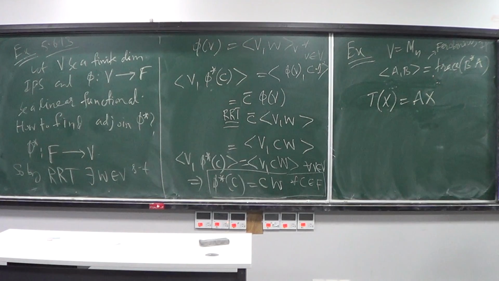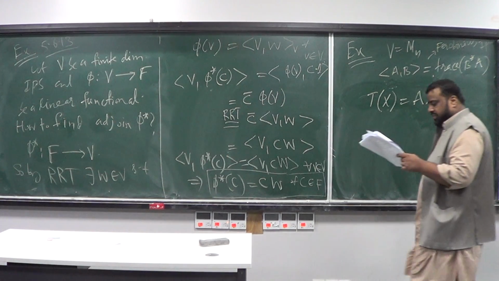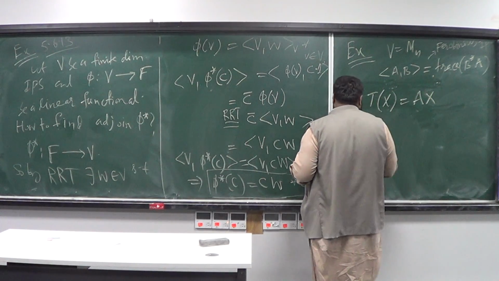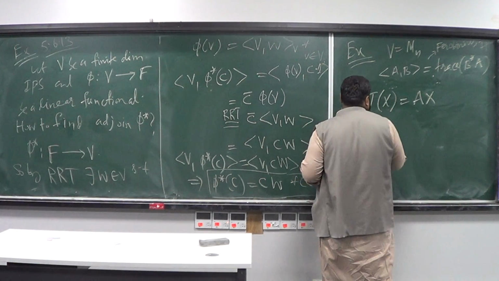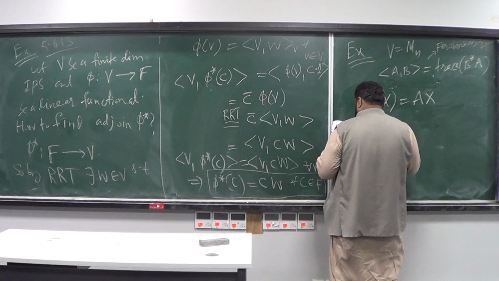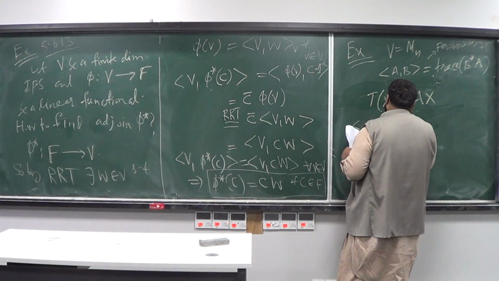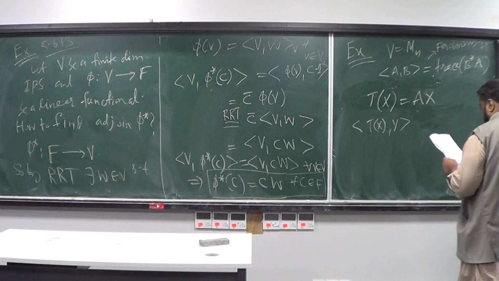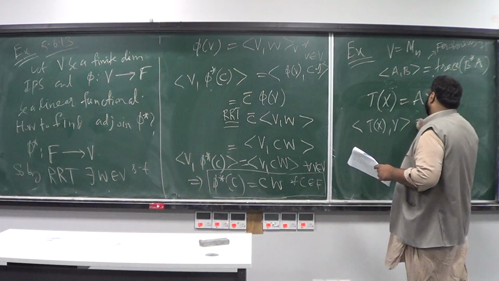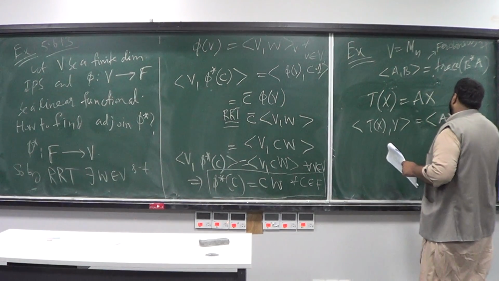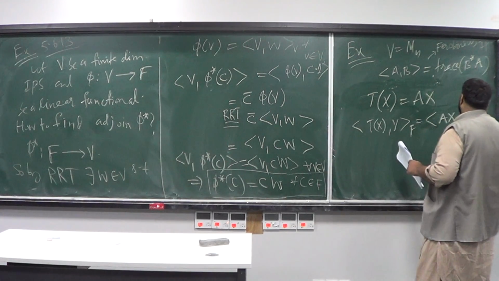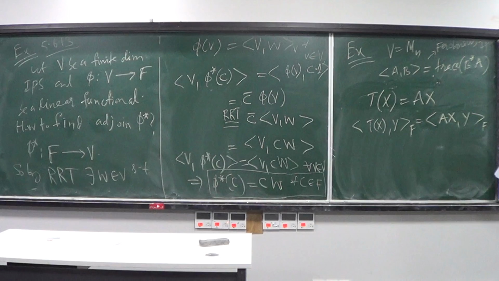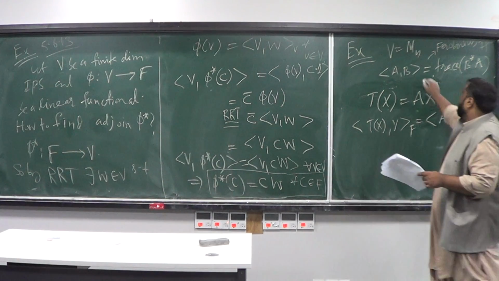The question is, what is the adjoint of this? For calculating this, you need to compute T of X and compute its inner product with Y. By definition this is the inner product of AX and Y, where the inner product is the Frobenius inner product.